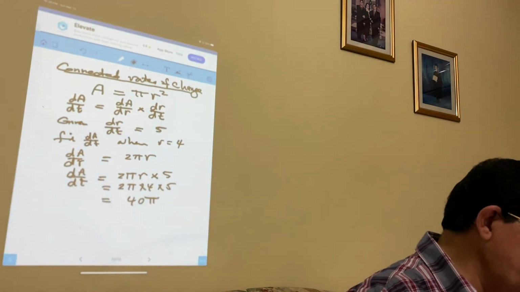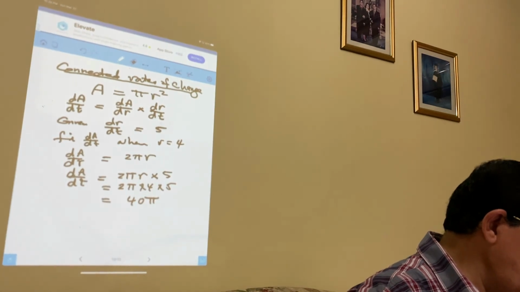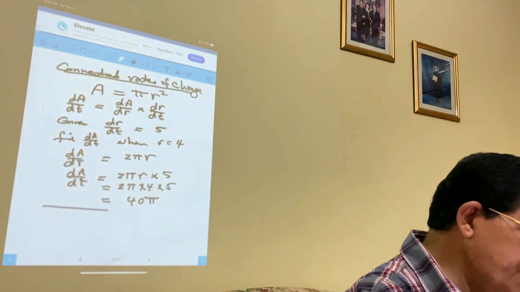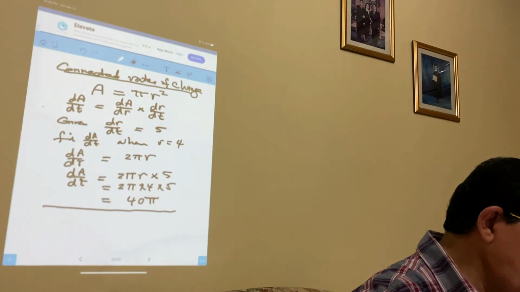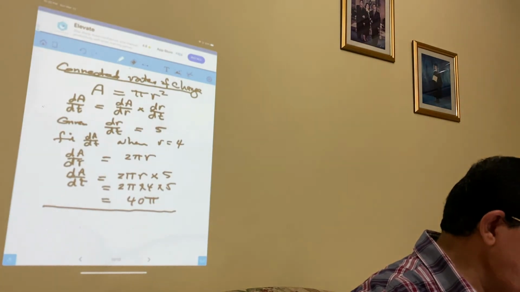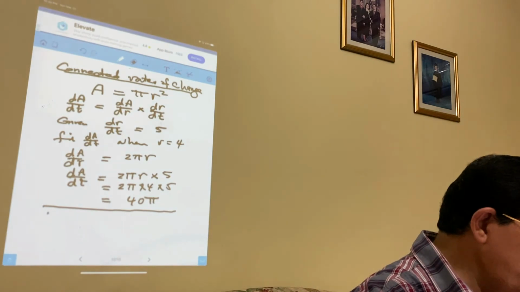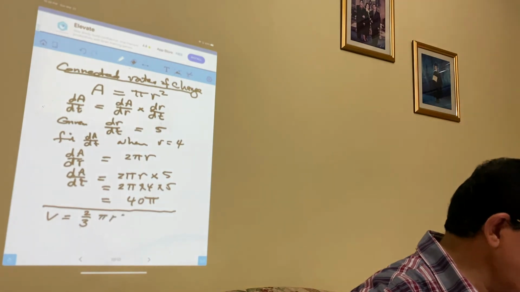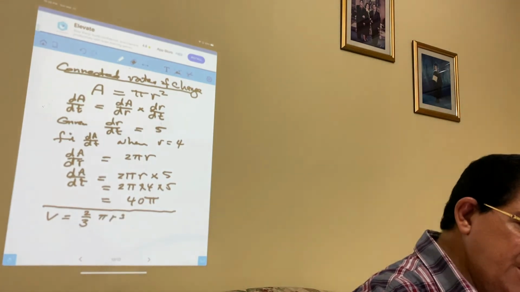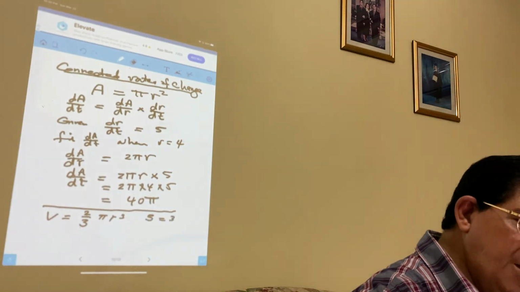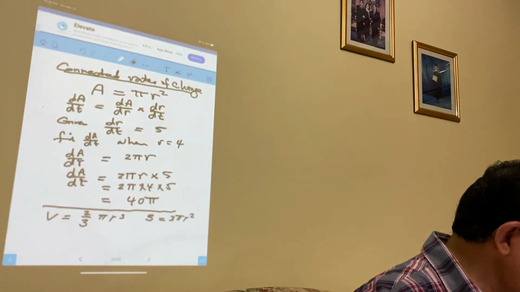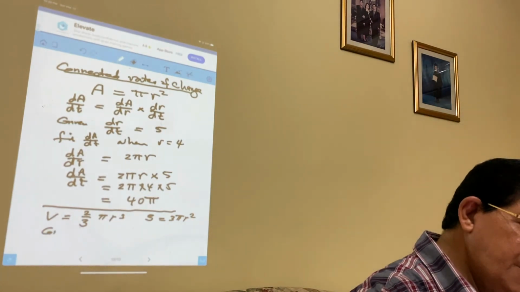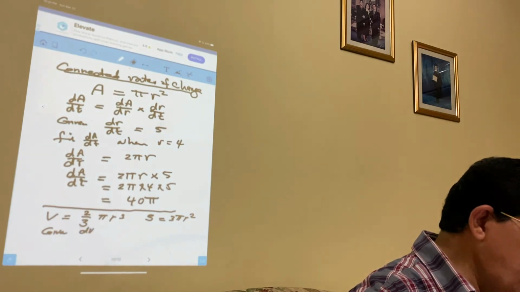Another example. If we are given this, the volume of a hemisphere is 2 over 3 pi r cubed, and the surface area S is 3 pi r square. We are given dV by dt equals 6.